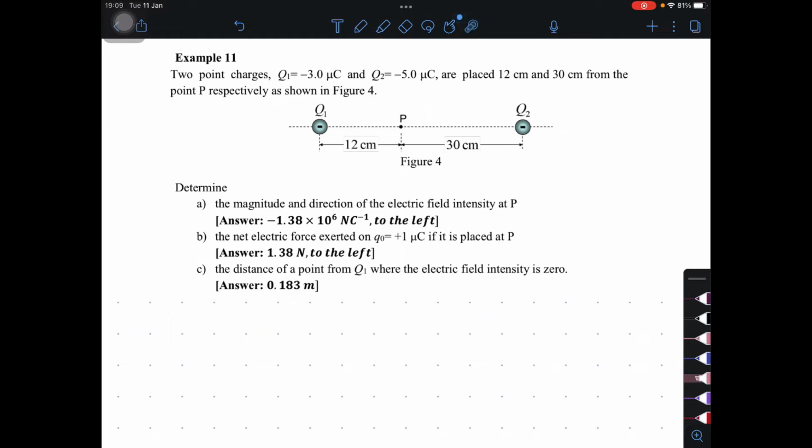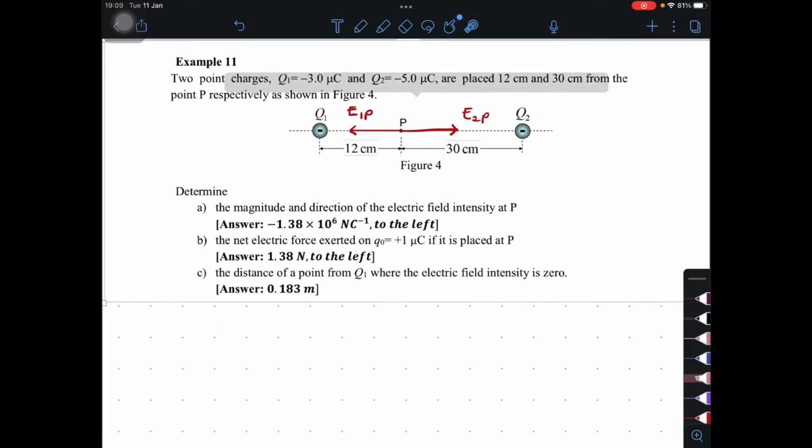Since this one is negative, the direction will be going towards the negative charge, and you label it E1P. And the same for this one, it is negative, so it will be going towards the negative charge, E2P.